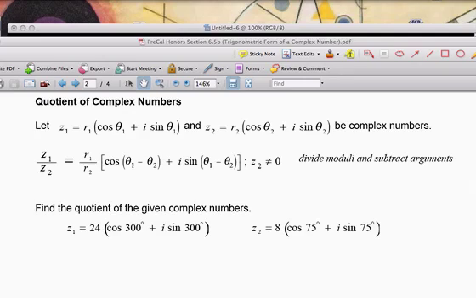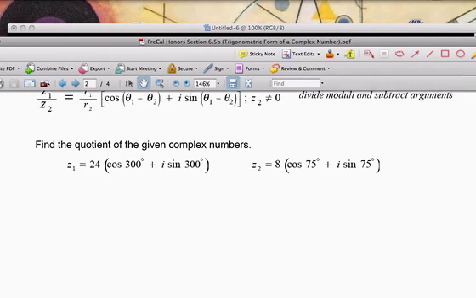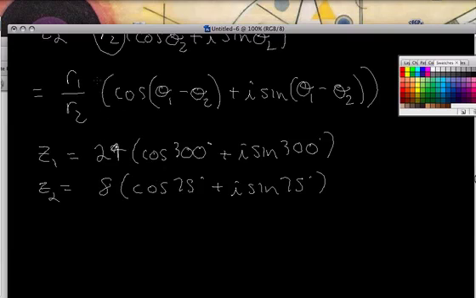Okay, so let's take a look at the problem they've given us. Another basically straightforward application of this formula. So Z1 over Z2 is going to be 24 over 8 times cosine of theta 1 minus theta 2.